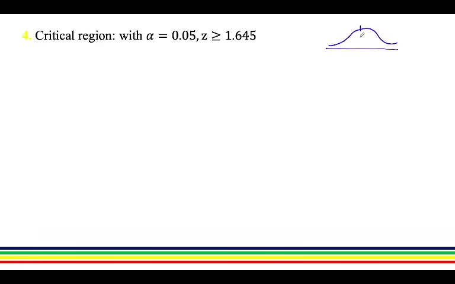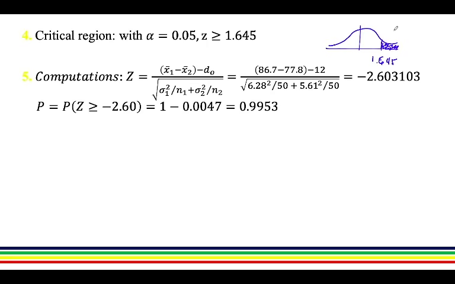In the graph, it is somewhere here, 1.645, and this is the shaded region. The next step is to calculate the z using all the values given from the problem.